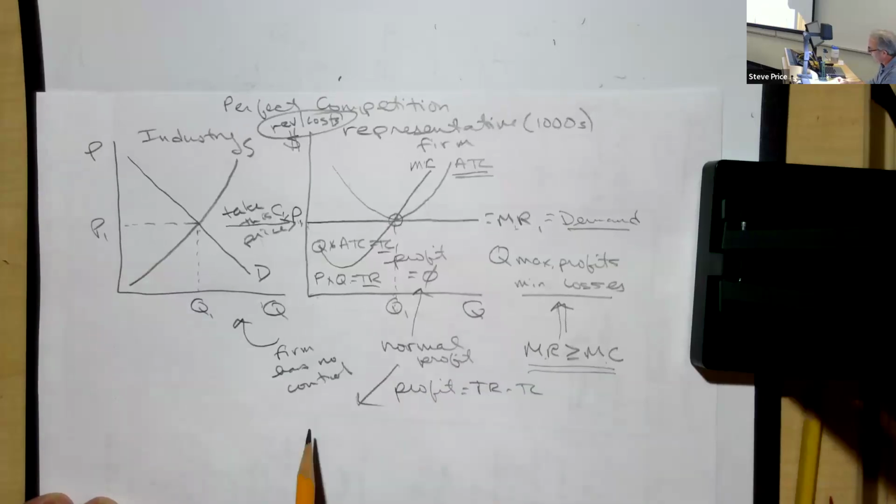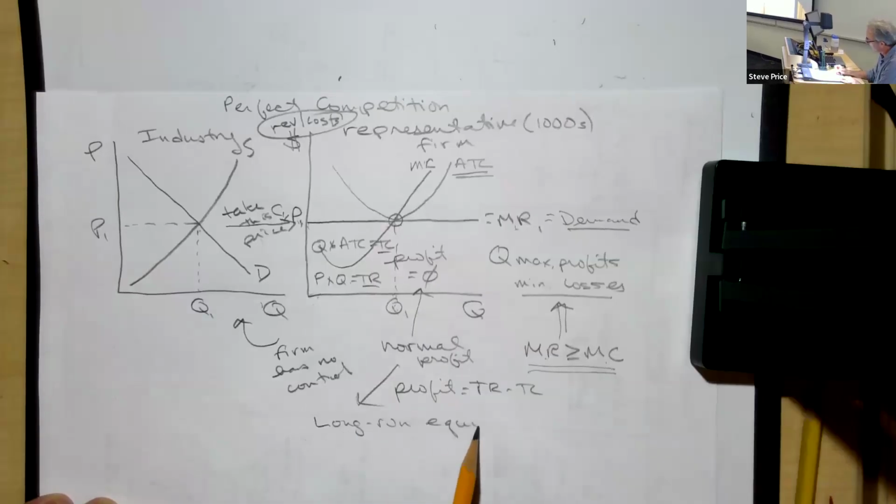We also call this the long run equilibrium. We're always going to come back to this. Always in this industry, we'll come back to everyone making just enough to pay all their bills and to get paid exactly what they believe they deserve.